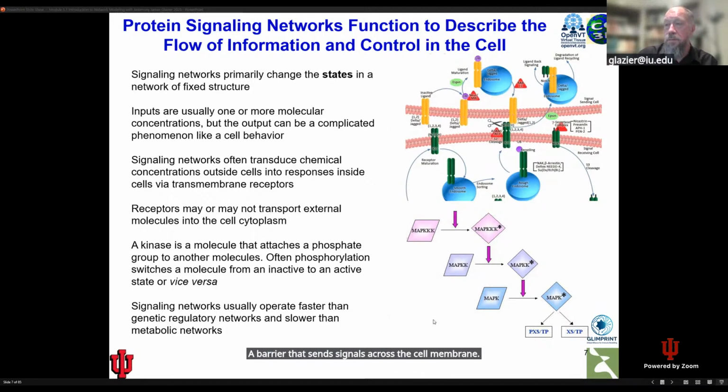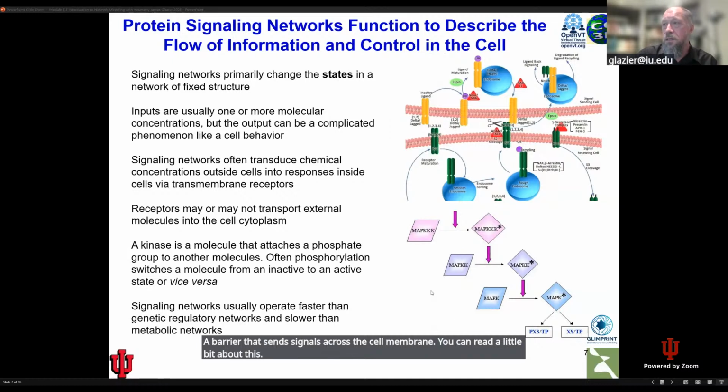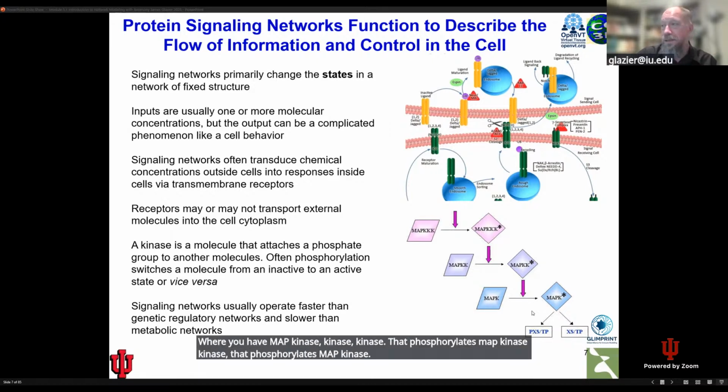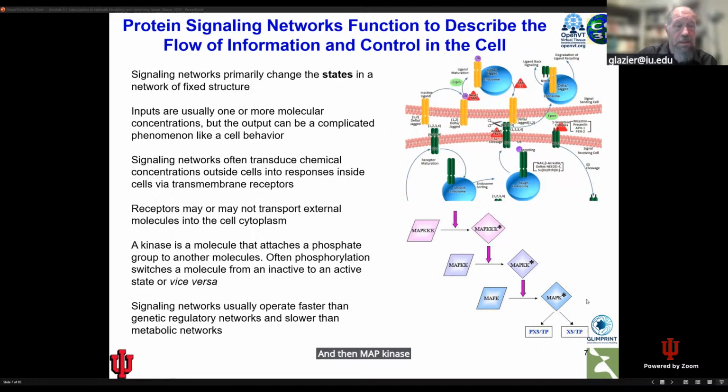You can read a little bit about this. A classic example of a signaling cascade would be the famous MAP kinase cascade, where you have MAP kinase that phosphorylates MAP kinase that phosphorylates MAP kinase. And then MAP kinase does something. These are typical kinds of signal transduction cascades.